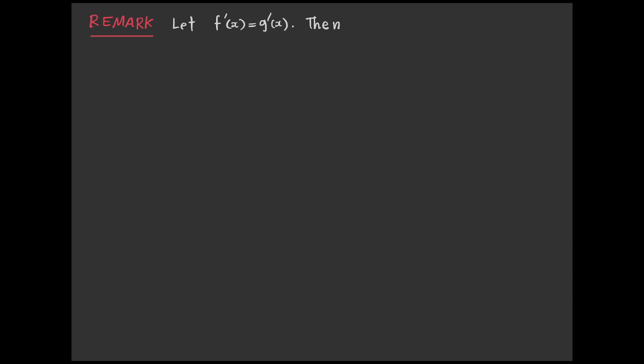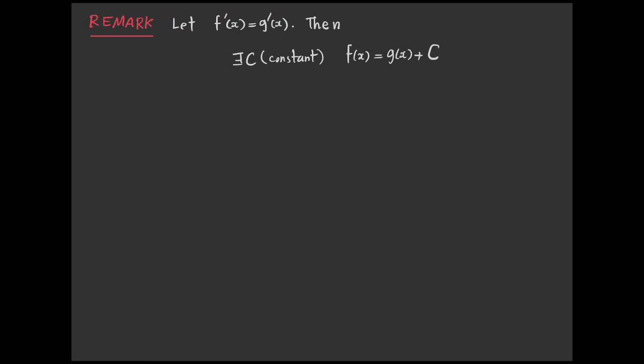Yes? Then we can say there exists a constant c such that the difference between these two functions is equal to c, or you can say one of them is equal to the other one plus that constant.